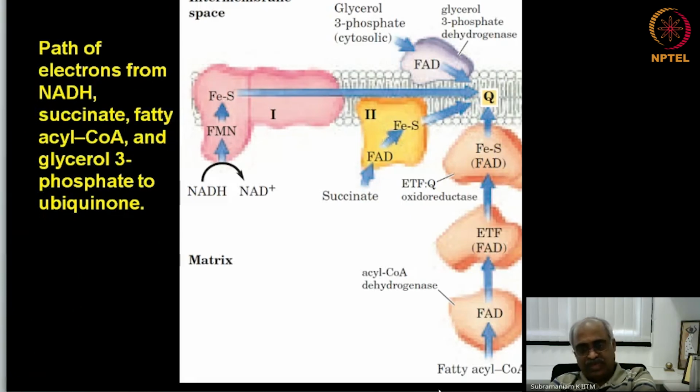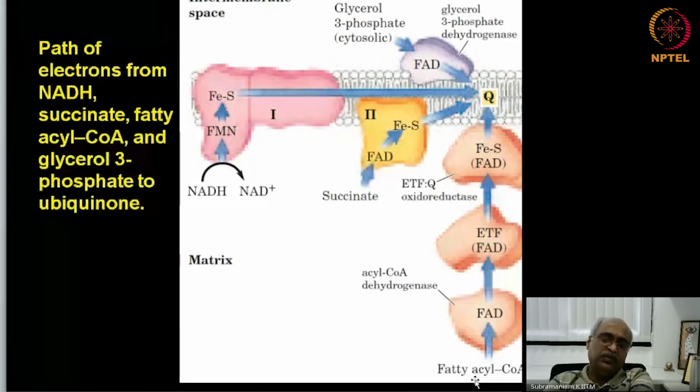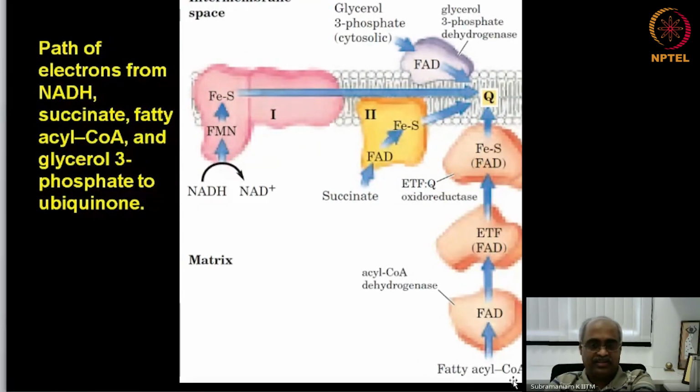But when we have time, we will go and visit how fatty acids are oxidized as well. But for now, we need to focus on what happens to the electrons from fatty acid oxidation. This is the first enzyme of that fatty acid breakdown, acyl-CoA dehydrogenase.